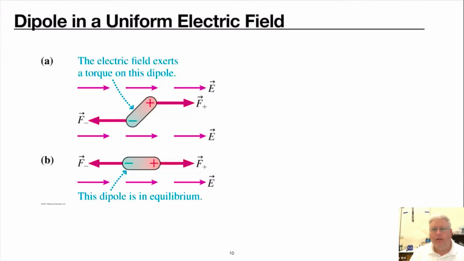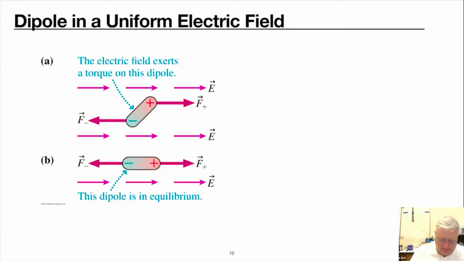The electric field is going to exert a torque on the dipole and cause it to rotate. And so we say there's a net force of zero because it experiences a force this way and a force this way, and they're completely equal, okay? And so what the torque does is that it causes the dipole to rotate until it's aligned with the electric field.